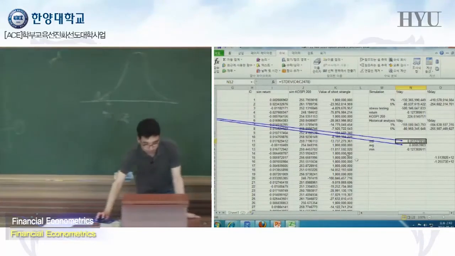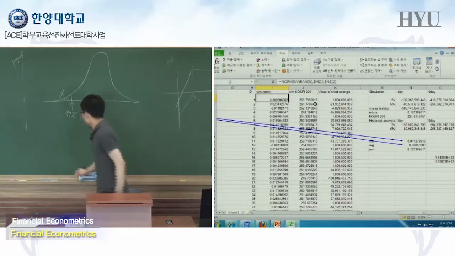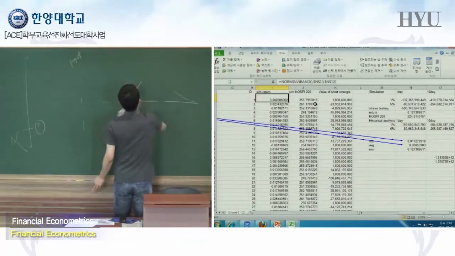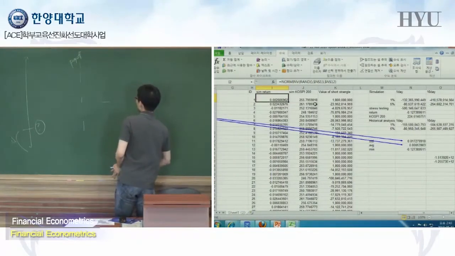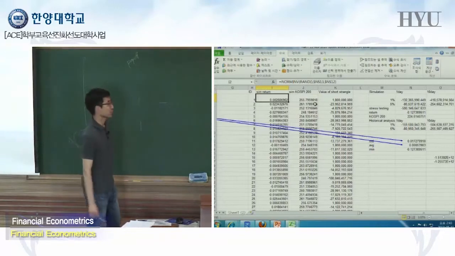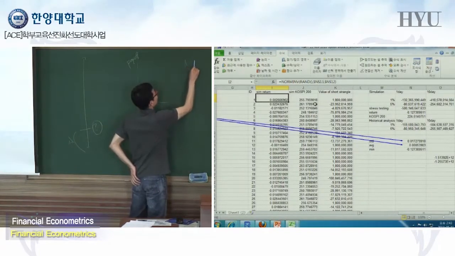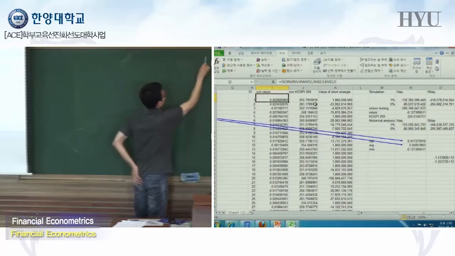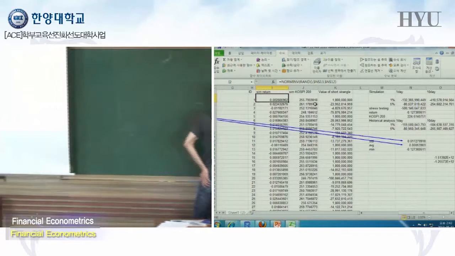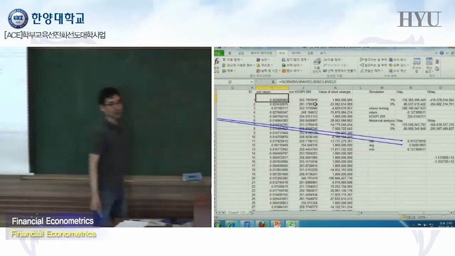So what I do is I simulate the returns. First I calculate the mean and standard deviation, and then what I can do is the mean plus standard deviation times some epsilon from N(0,1), right?